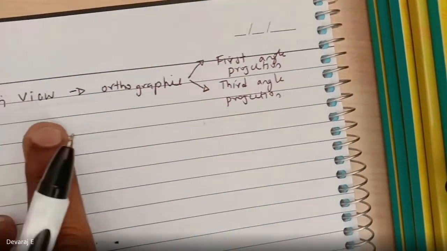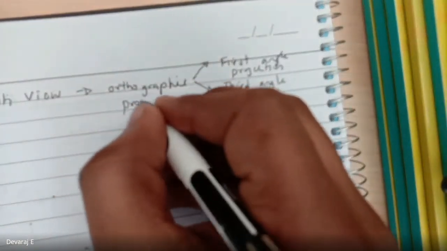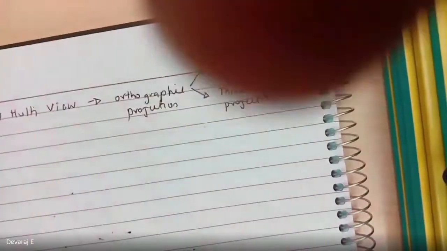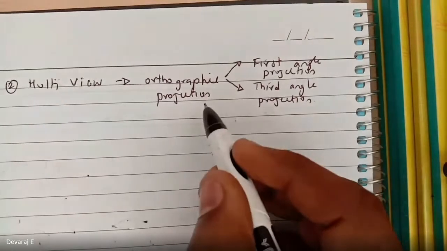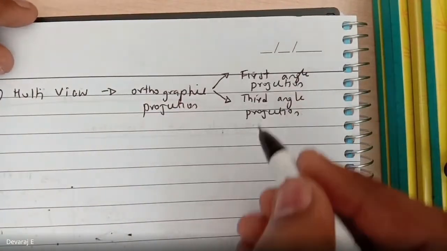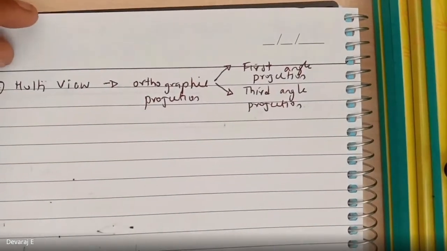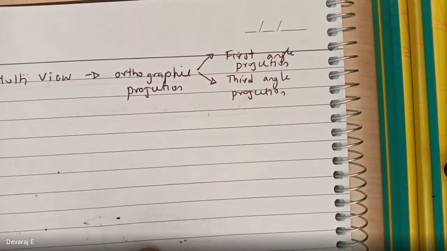In multi-view, it is called orthographic projection. In this, we'll discuss the first angle, second angle, third angle, and fourth angle. So you have four angle projection system. We'll discuss one by one.